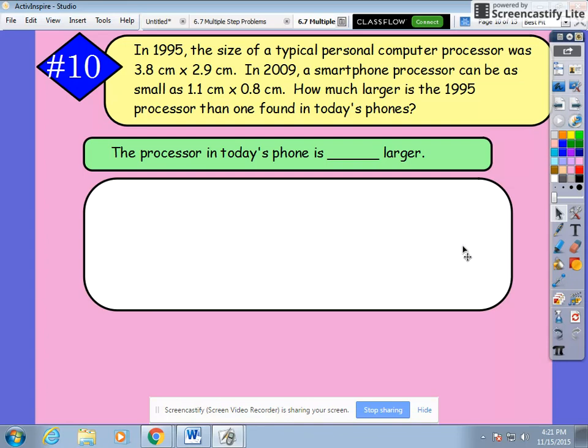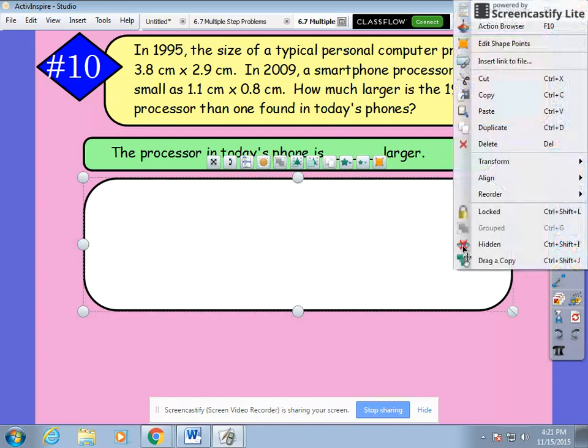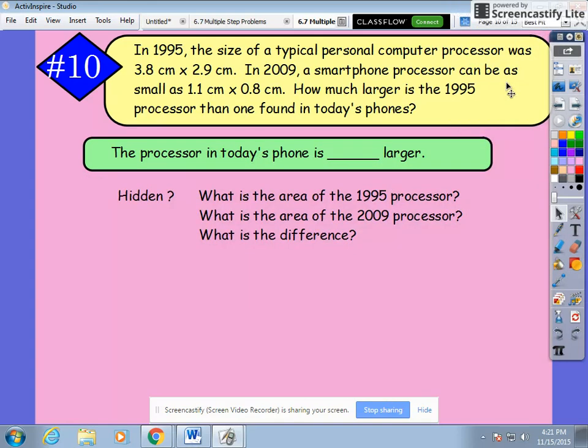So right now, we need to think about those hidden questions. So we need to know what the area of the 1995 processor is, what the area of the 2009 processor is, because they're talking about the size.